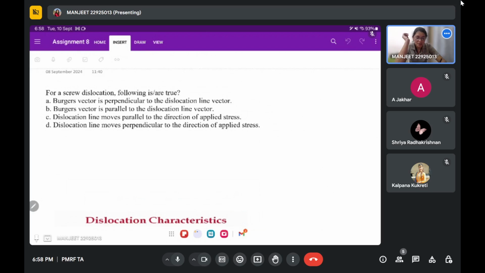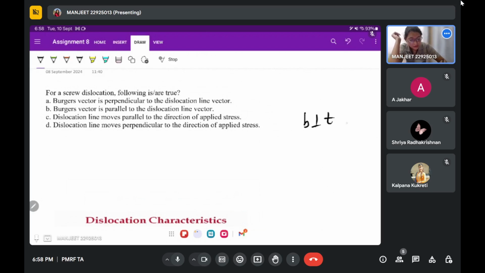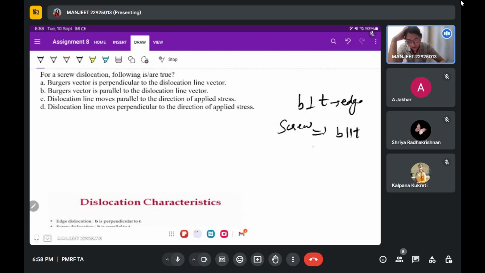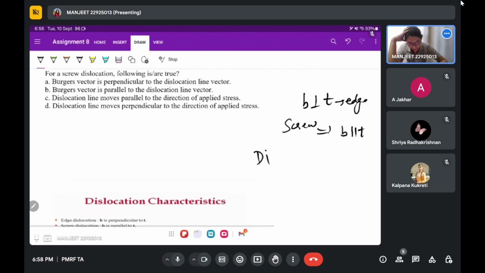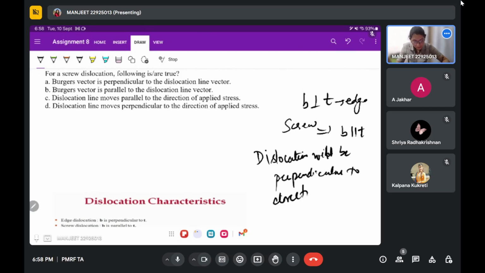In the edge one, B is perpendicular to T. If I'm talking about the screw dislocation, B is parallel to T. And if I talk about the movement, the dislocation movement will be perpendicular to the applied stress in your screw one.